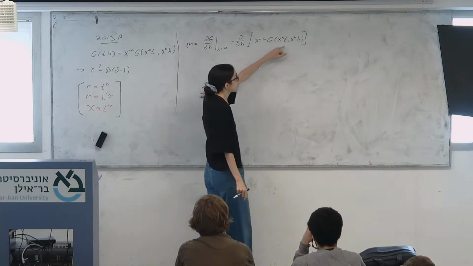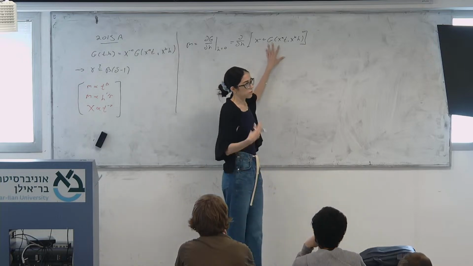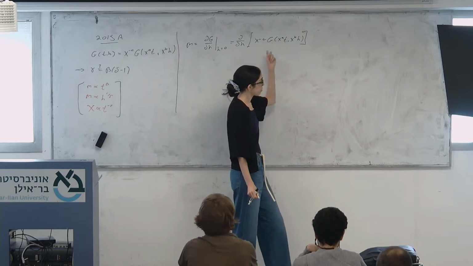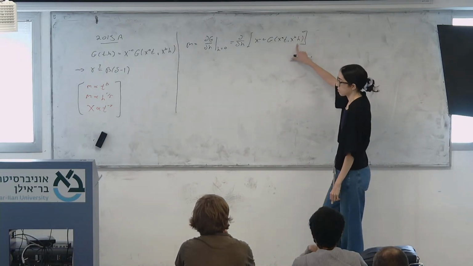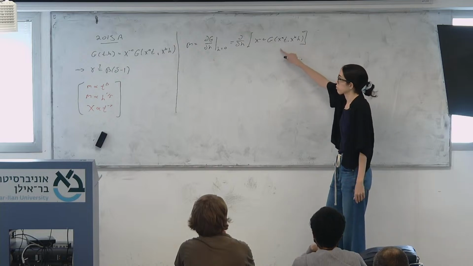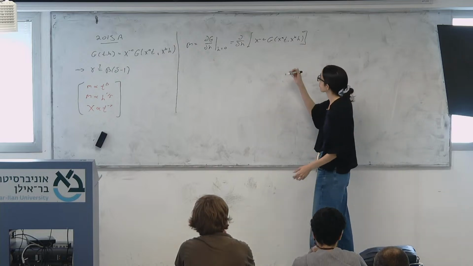Okay, so the function that we have does not depend specifically on H, but it does depend on x to the b multiplied by H. So we can just rewrite it as a derivative by parts.